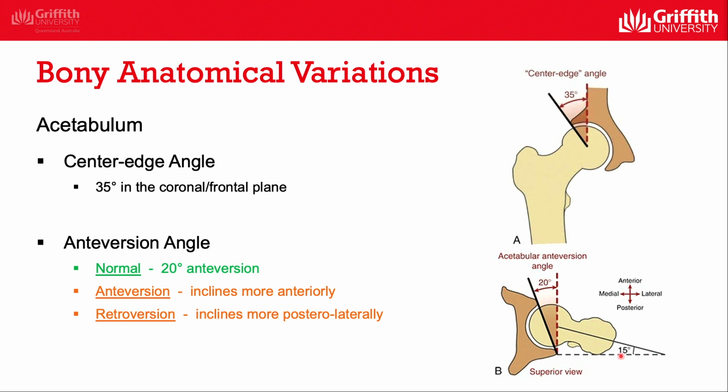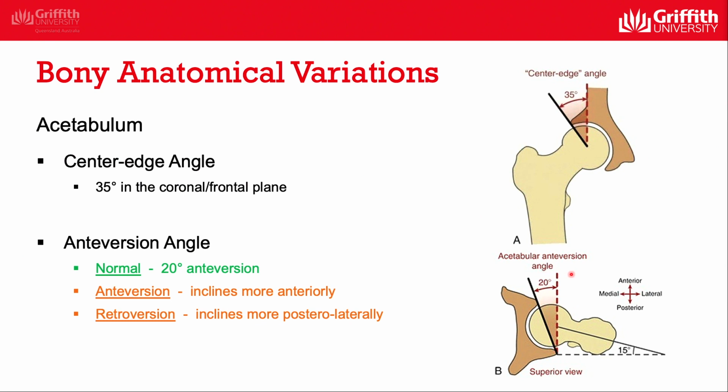If we look at the acetabulum from a superior view, so transverse view, there is also a rotation, so an anteversion, okay, of about 20 degrees. This will also have implications on stability, but also it will have an implication on our movement.